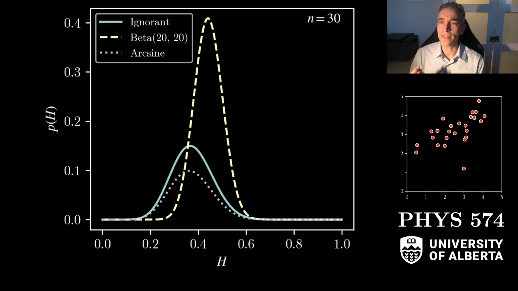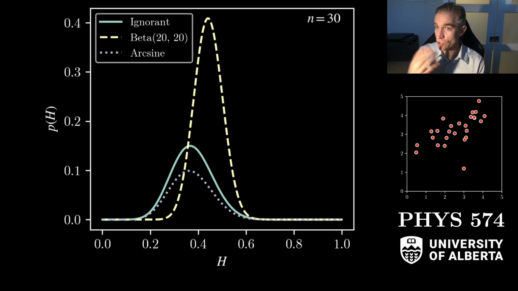with the interpretation that we have from this earlier work, we can see that this is a very aggressive choice of priors. I was complaining to you that at 30 counts, we were getting good convergence for the ignorant and the arcsine priors, but this beta distribution was not coming off of its initial estimate at 0.5.